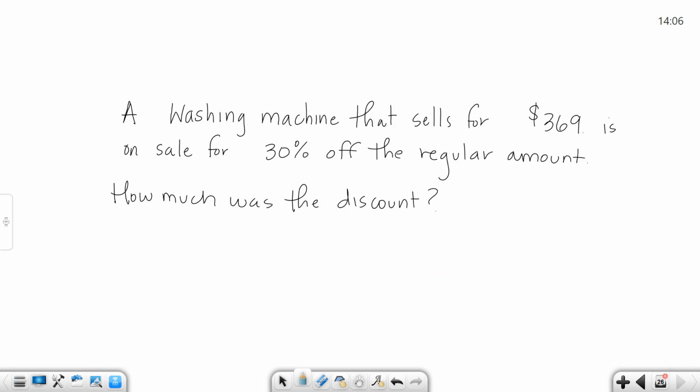A washing machine that sells for $369 is on sale for 30% of the regular amount. How much was the discount? Okay. So let's see. This one's tough.